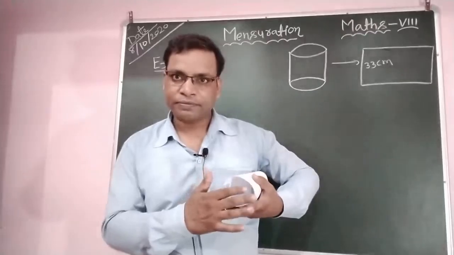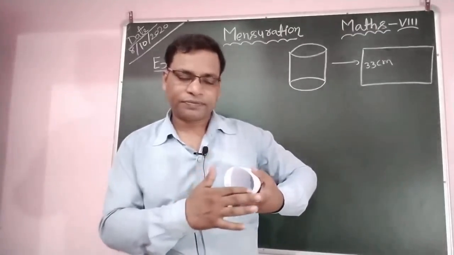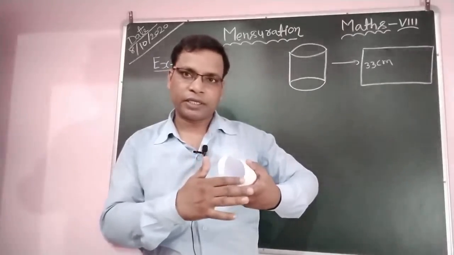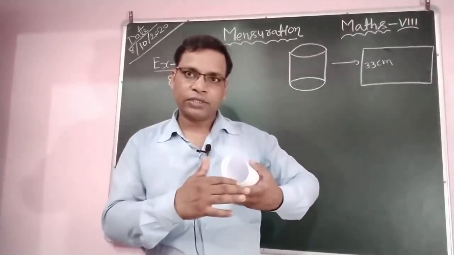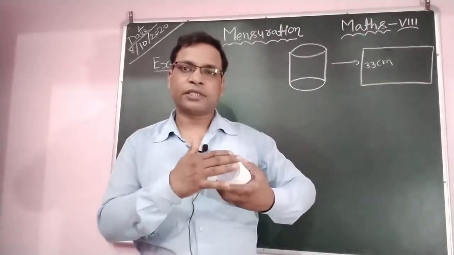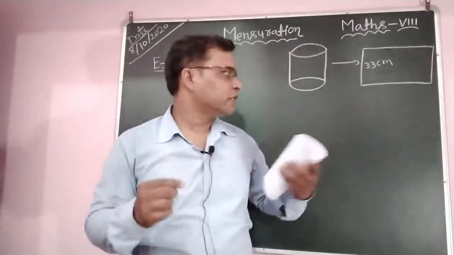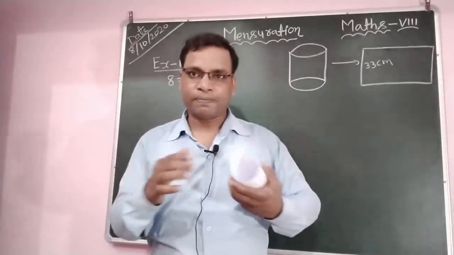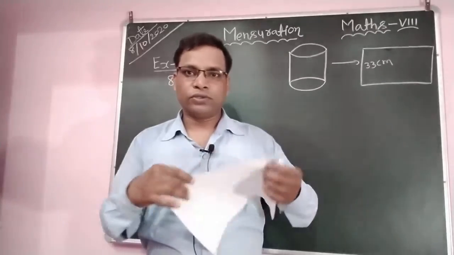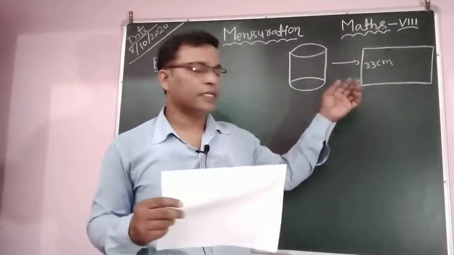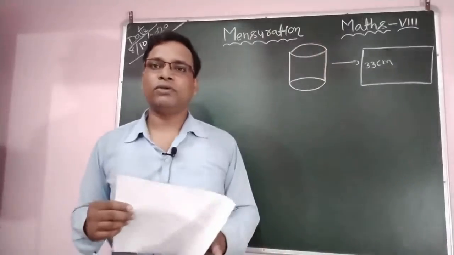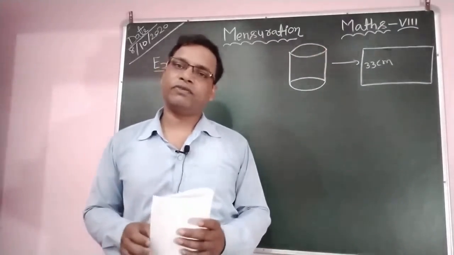This is the shape of a circle. So the length of the rectangular sheet is the circumference of the circular part of the hollow cylinder. So we find the length by this circumference. Let's see how to find first the length, and after this we find the perimeter.